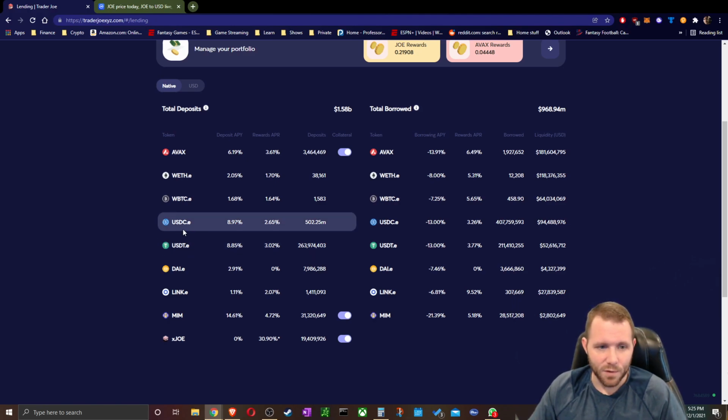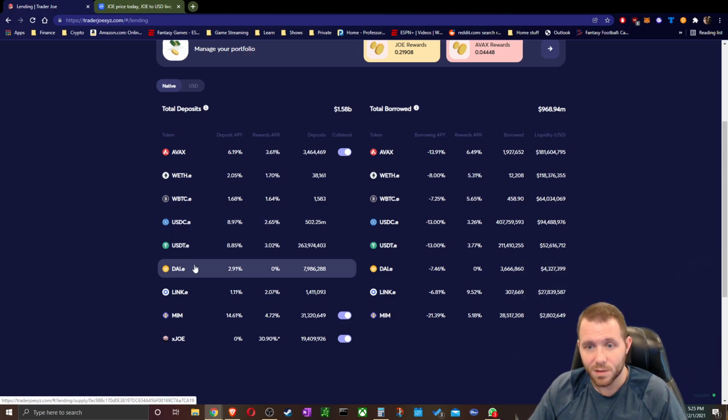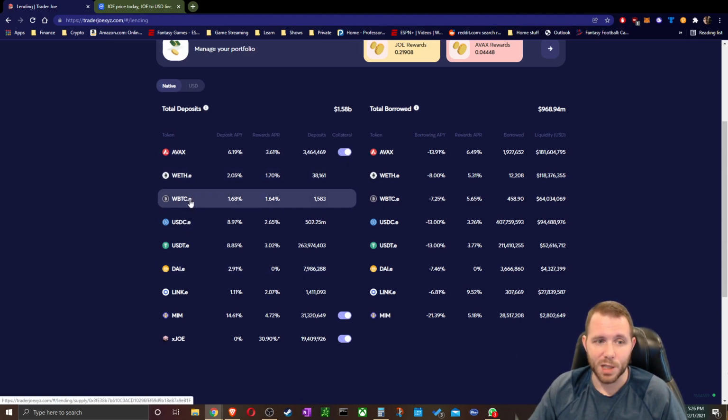So if you're holding these, the risk with most of these tokens is that they go up or down in price. These tokens traditionally don't. Now, can one of these stable coins become unpegged? Yes. The risk is a lot lower than the price volatility of these other ones, right?